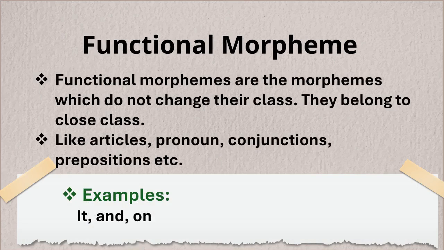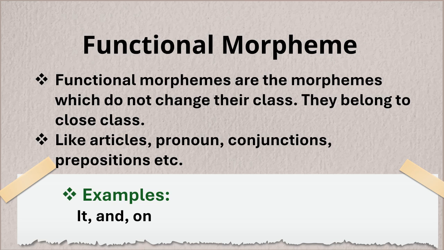Let's turn our focus to functional morphemes. These morphemes serve a grammatical purpose rather than carrying major lexical meaning. Unlike lexical morphemes, they do not change the word's class or category. Functional morphemes belong to the closed class of words, meaning that new members are rarely added to this group. They include items such as articles, pronouns, conjunctions, and prepositions.